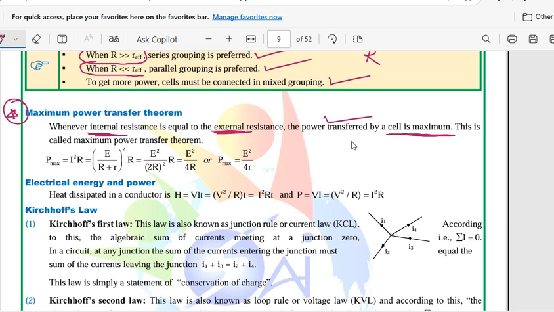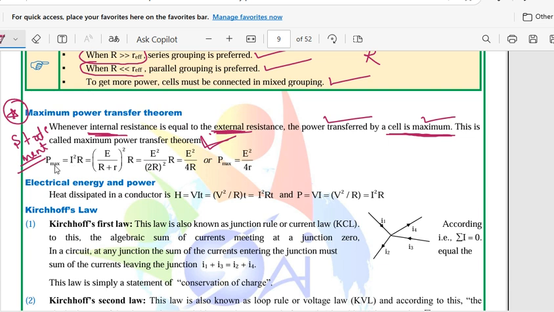This is called the maximum power transfer theorem. So the theorem statement is: whenever the internal resistance is equal to the external resistance, the power transferred by a cell is maximum.